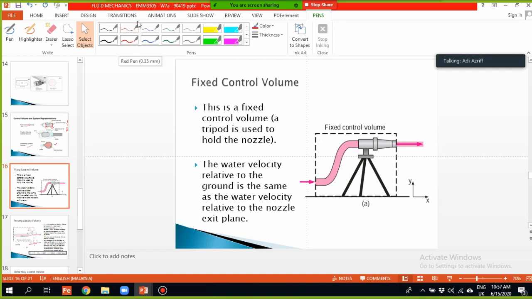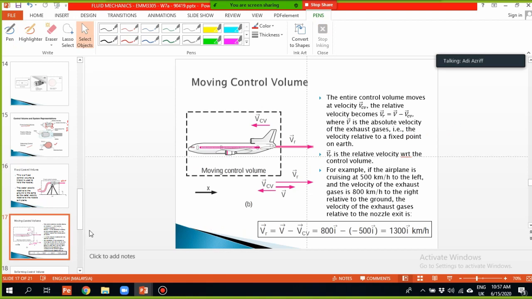The most important thing is that you have all the information of the inlets and the outlets, then you can calculate the pressure, velocity, and the rest. The water velocity relative to the ground is the same as the water velocity relative to the nozzle exit. Now, a moving control volume.